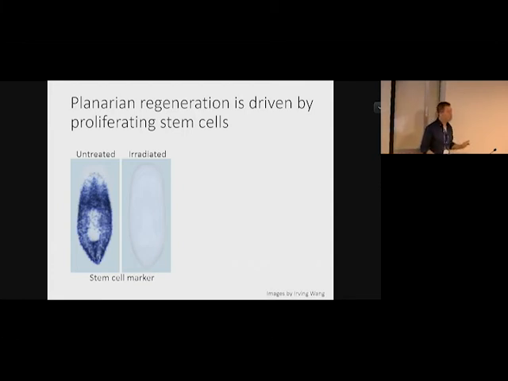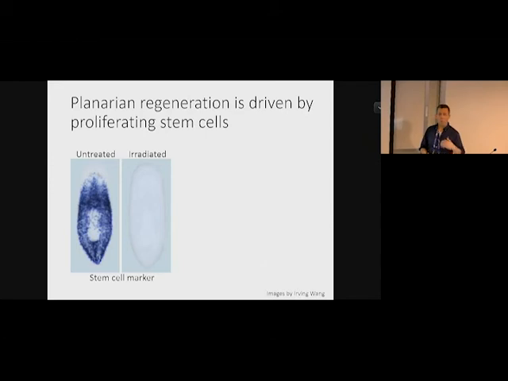Once you irradiate the animal with ionizing irradiation, it causes DNA breaks, and the dividing cells die. So this is an untreated animal, which has plenty of stem cells, plenty of neoblasts. This is the irradiated animal, which doesn't have any neoblasts.